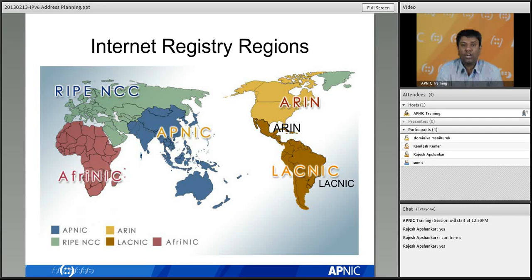If you see the geographical region among the registries, this is the region APNIC works in. We distribute address to nearly 56 economies, right? Our country.